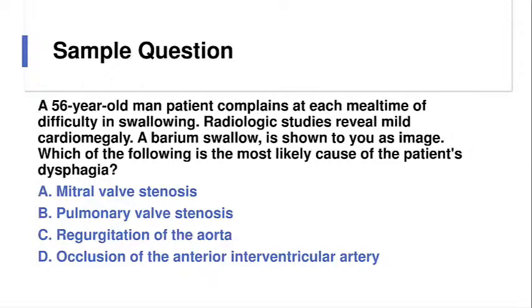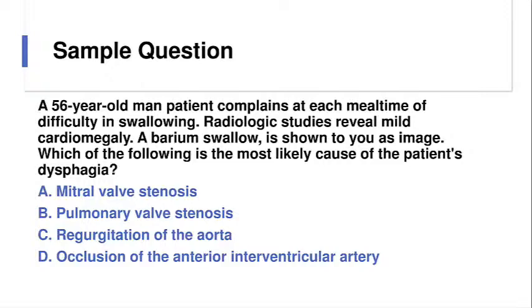Radiological studies reveal mild cardiomegaly. A barium swallow is done and shown to you as an image. Which of the following is the most likely cause of this patient's dysphagia? And 4 choices are given. Mitral valve stenosis, pulmonary valve stenosis, regurgitation of aorta, occlusion of the anterior interventricular artery.